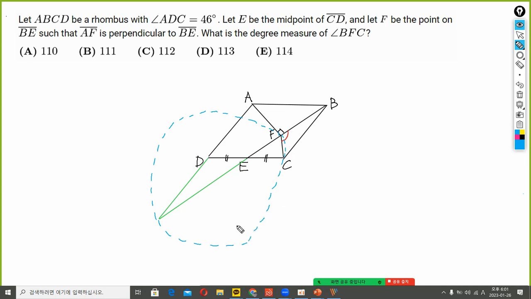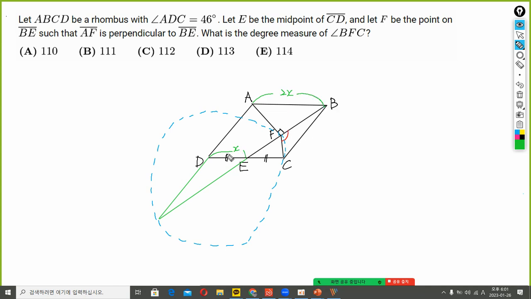Yeah, the point is, we can make a circle, because if this length is x, because this is a rhombus, the length of AB is 2x.